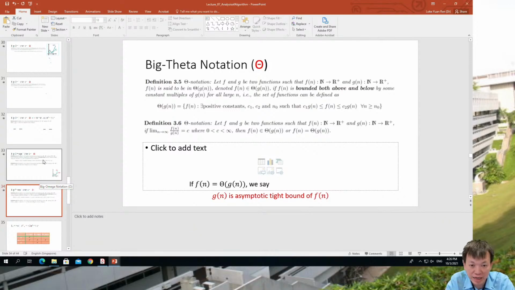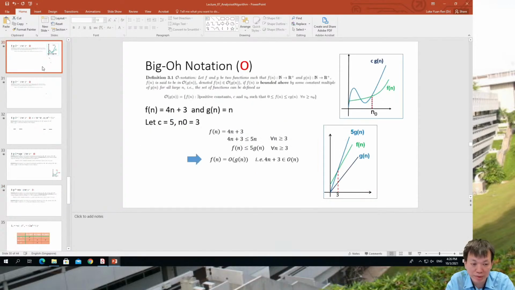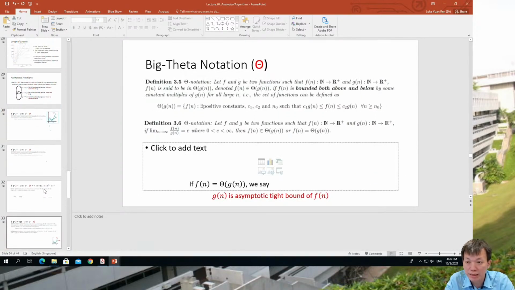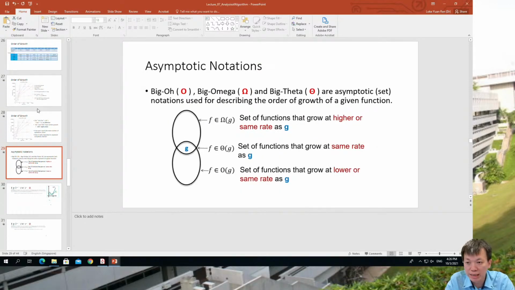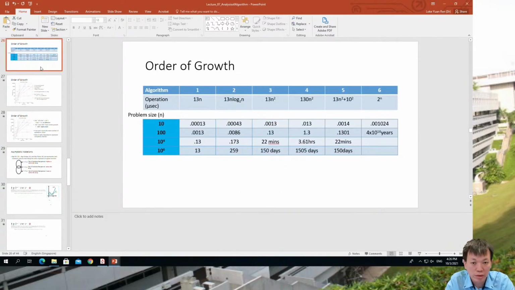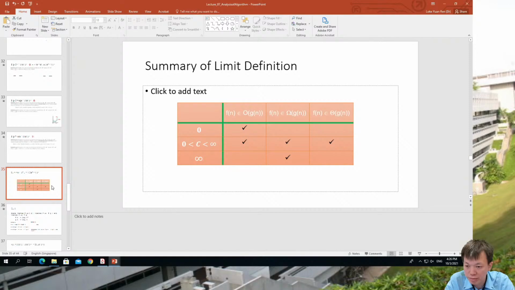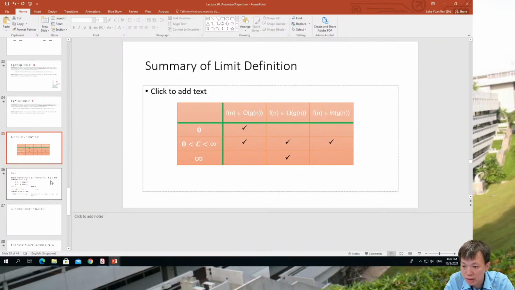It's just someone defined it this way to represent the function in big O, big omega, big theta. It's trying to represent the order of growth of the time complexity of an algorithm. This is what we covered in the Monday lecture.